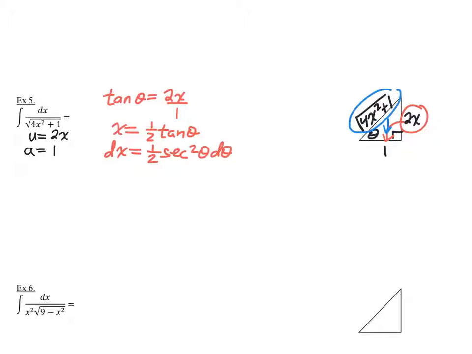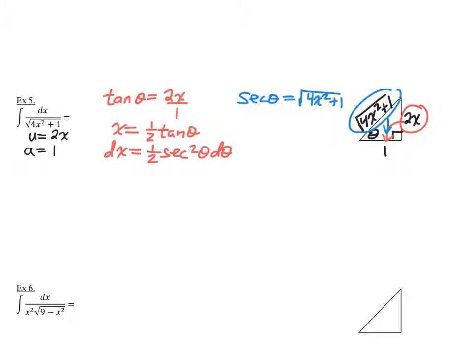All right, the other ratio is the secant ratio, which is just the hypotenuse over 1, so I'm just going to write it as root 4x squared plus 1. I'm not going to write it over a 1 just to write it again without the 1, so I'm just going to leave it like that.